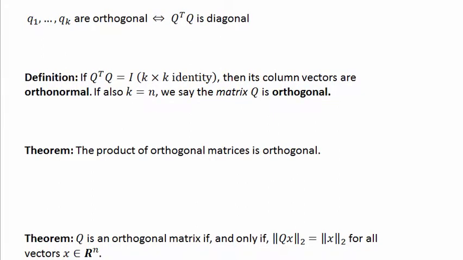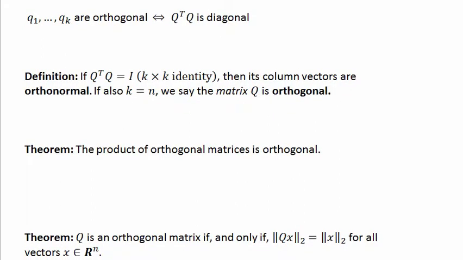Now we can take that a little bit further. Say that Q transpose Q is not just diagonal, but a special diagonal matrix, the identity matrix. Remember that Q is n by k, and Q transpose is k by n, so it's a k by k matrix. If you actually have the k by k identity matrix, then what we say is that the original vectors, Q1 to Qk, are called an orthonormal set of vectors.